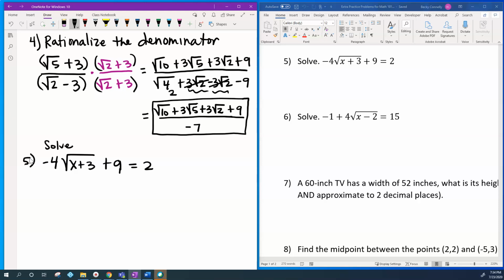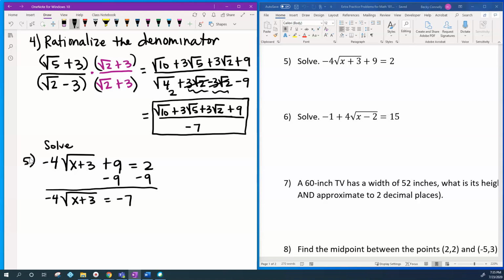Just like if you had 3x plus 5 equals 7 or something like that, you'd subtract the 5 over and then divide by 3. None of that changes just because there's a square root in it. So we're still going to start with subtracting the 9 over, right? And then we have negative 4 square root of x plus 3 equals negative 7.